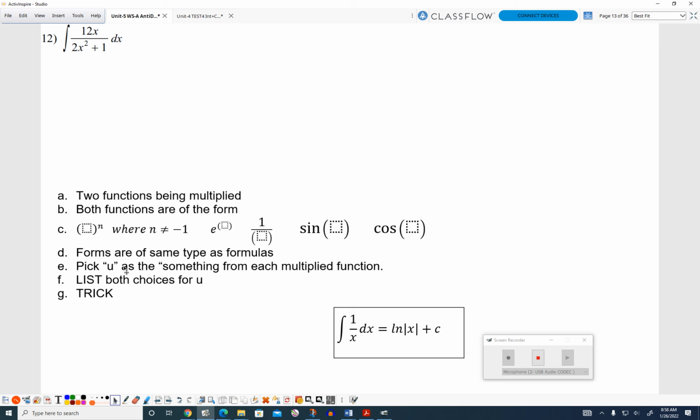So raise your hand if you can tell me, how would I write that thing right there as two functions being multiplied? So I've got my antiderivative sign. I want to write it as two functions being multiplied. Hands up. All of them. Come on. Amelia? Do 12x over 1 and then multiply by the antiderivative of 1 over 2x squared plus 1. 2 points for Amelia. 1 point if your hand was raised.